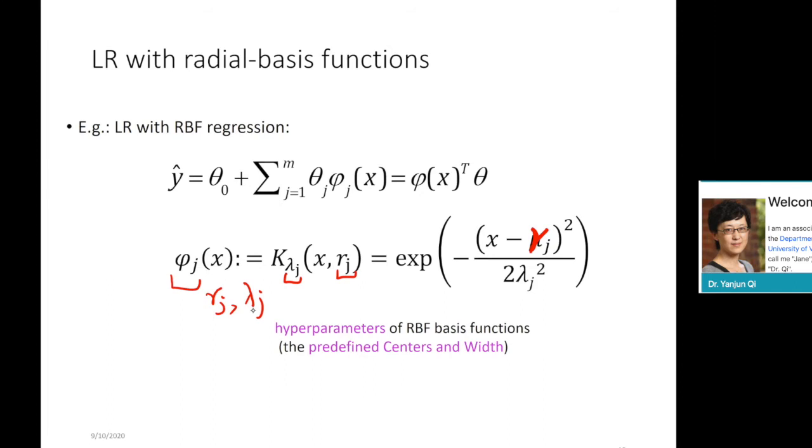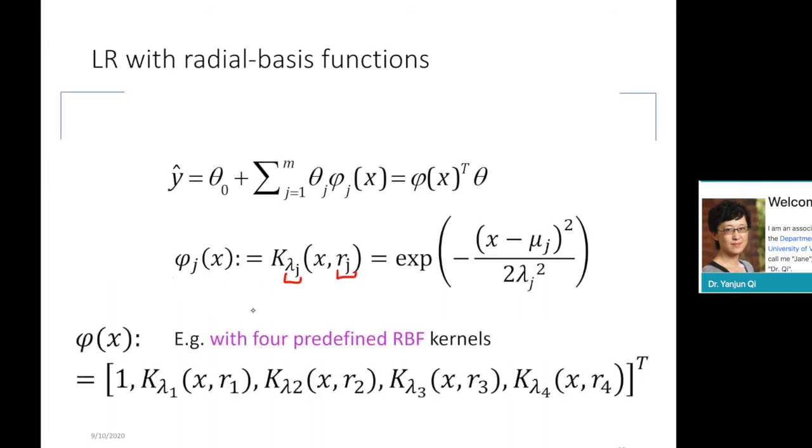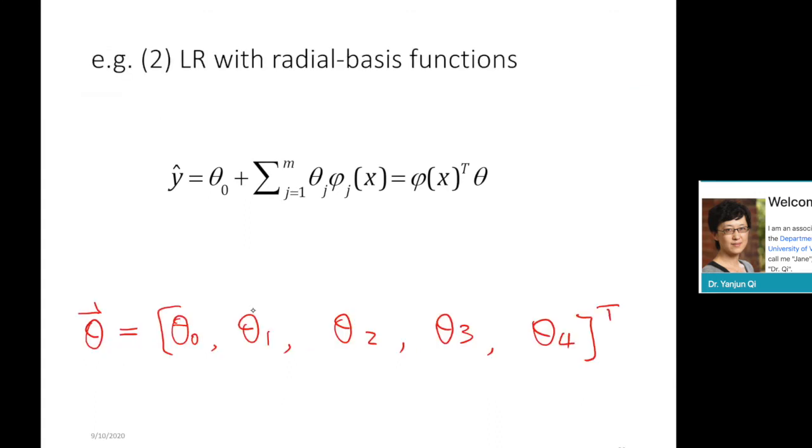So assuming let's use maybe 4 basis functions to approximate my data, then the phi x is represented as this: 1, first k lambda 1, gamma 1, then second k lambda 2, gamma 2, until k lambda 4, gamma 4. So when we use this basis representation, we need to learn theta 0, which is the intercept.